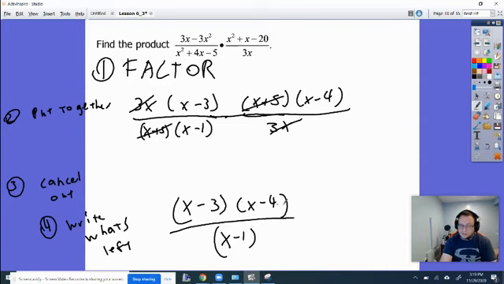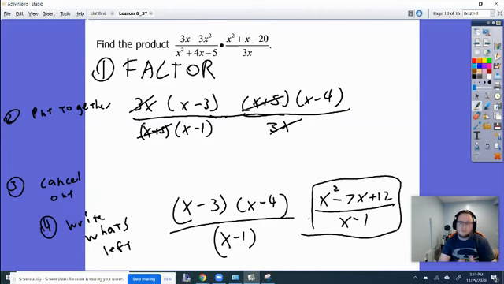So you may need to combine this back into x squared minus 7x plus 12 over x minus 1. So it's just something to keep in mind for ACT, just in case you ever see it where it doesn't quite match up to what you got. You did everything right, you just need to get it in the right form.